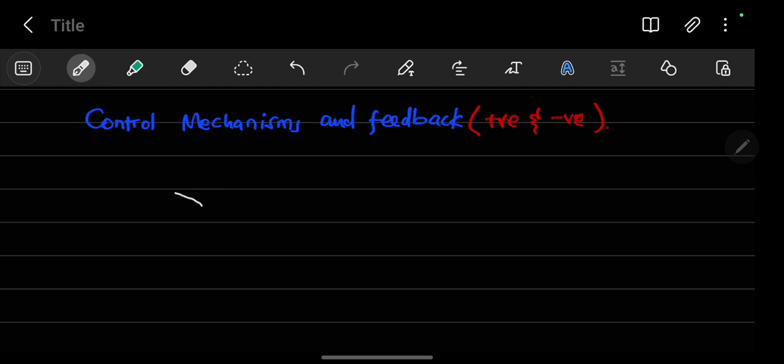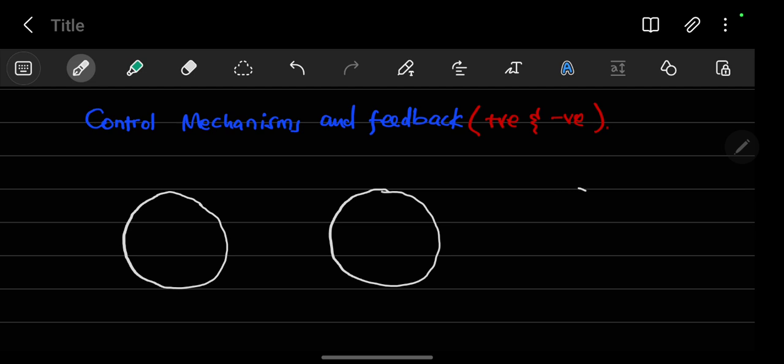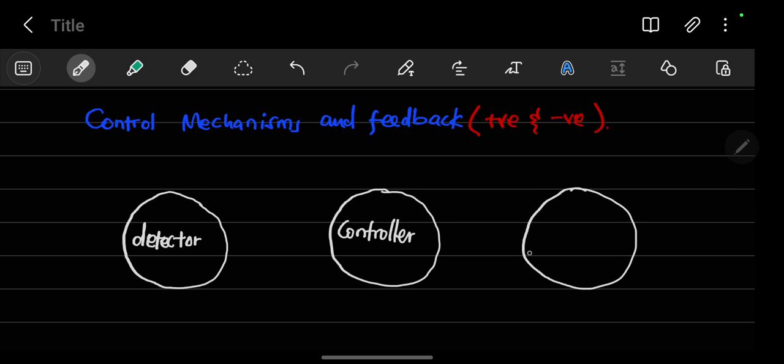We have that circle there, and that circle there, then that one. And within this circle, the first one, we shall call this one the detector. And this one the controller. Lastly, the effector.